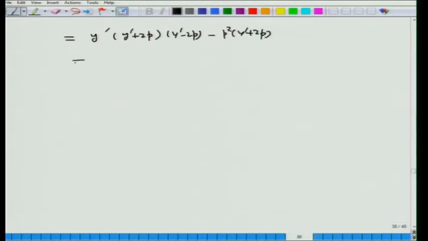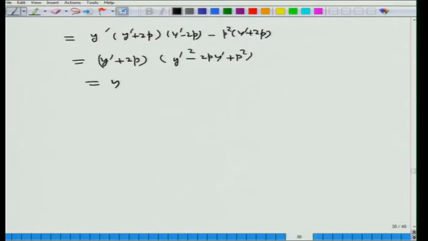So this finally gives us (y prime plus 2p) into (y prime square minus 2p y prime plus p square).